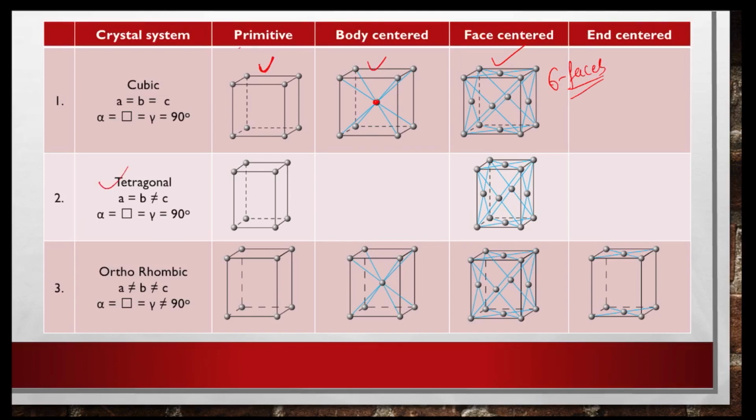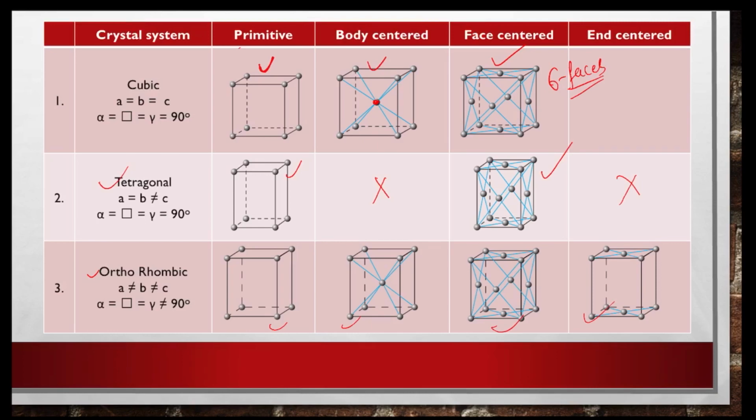Similarly, tetragonal में derivation आएगा, primitive तो रहेगा ही रहेगा, fundamental है, और उसके साथ साथ सिर्फ एक ही derivation, that is face center. There is no body center over here and there is no end center over here. Similarly, when you go to orthorhombic, orthorhombic में आपके पास सारे derivations मिलेंगे. That is primitive, body center, face center and end center.